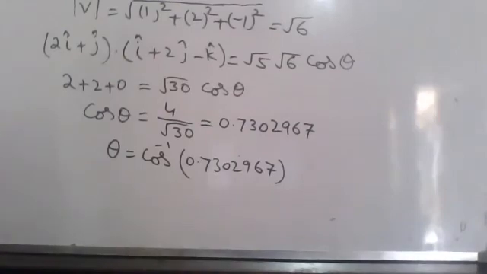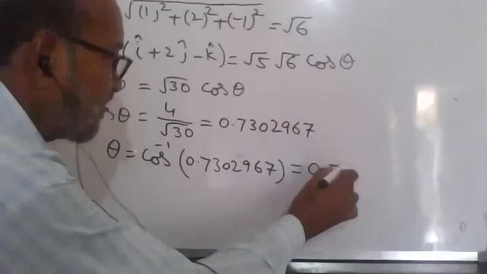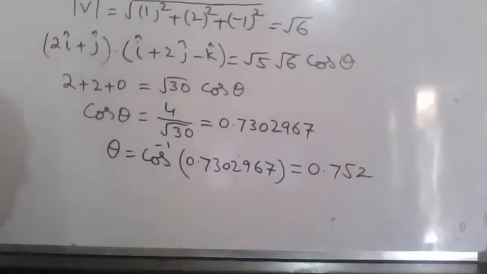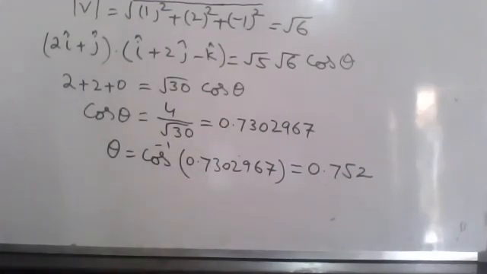Ali says 0.752. 0.752 radian. Don't put the sign of degree or anything. When we are talking about the angle and there is no sign, it means this is in radian. So 0.752 radian is the answer.